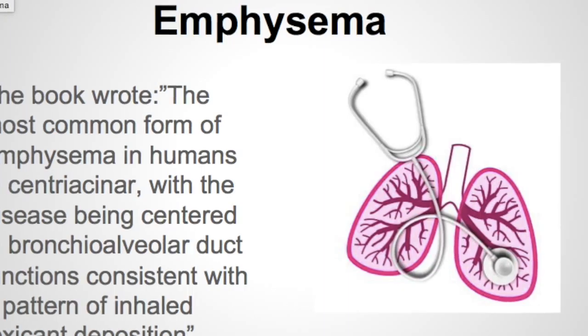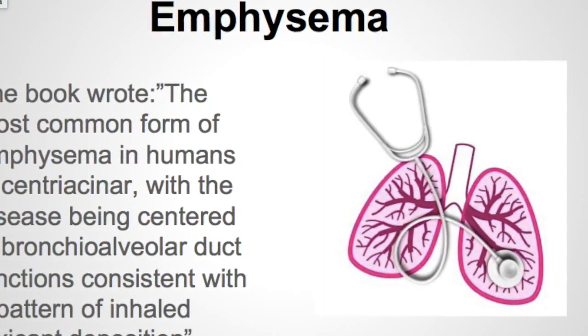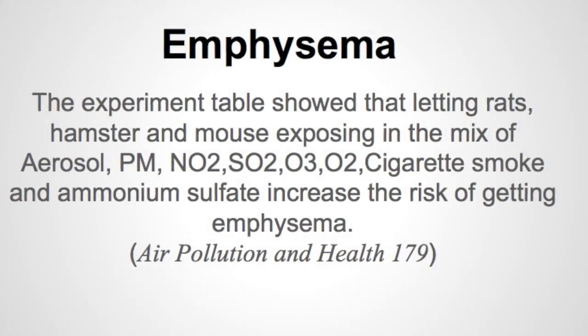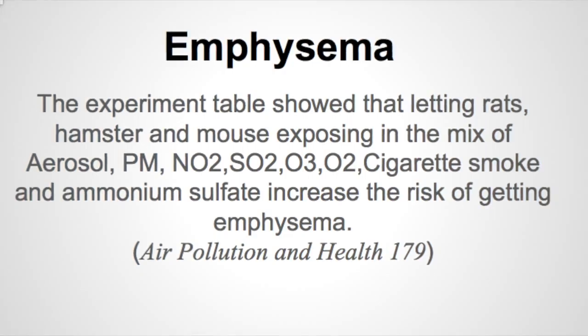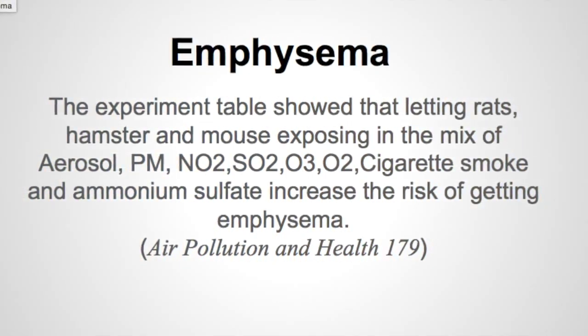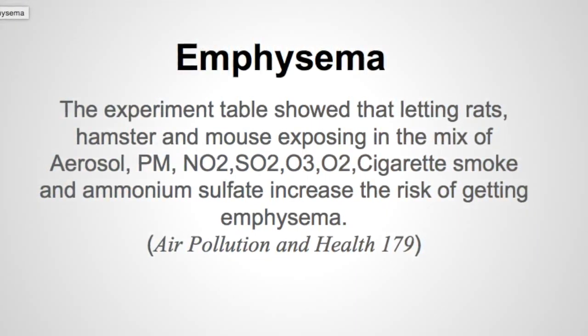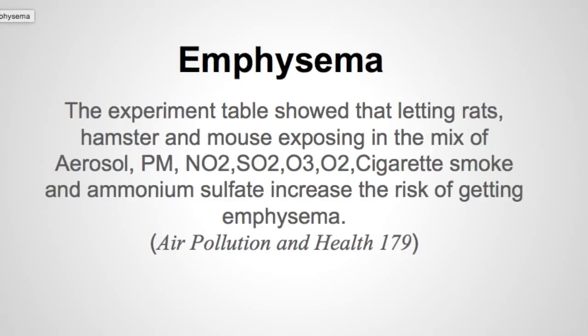Emphysema. The experiment table showed that letting rats, hamsters, and mice be exposed to a mixture of aerosol, PM, NO2, this kind of polluted air, and also cigarette smoke, will increase the risk of getting emphysema.